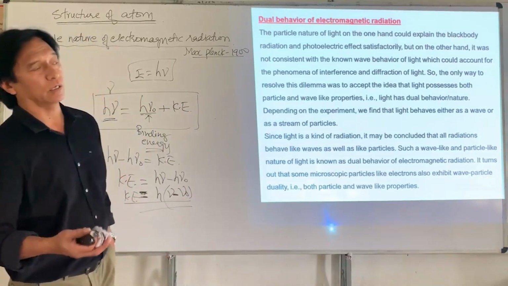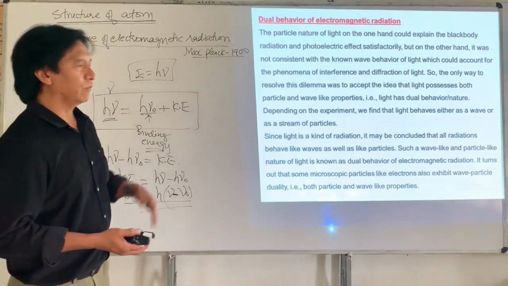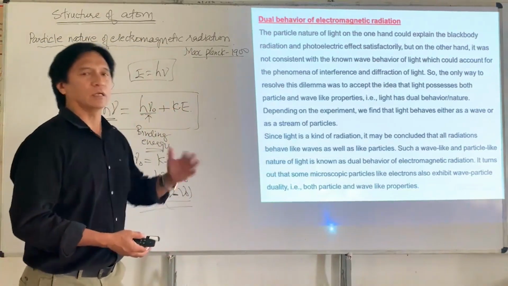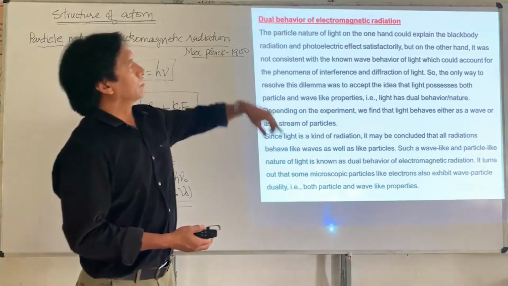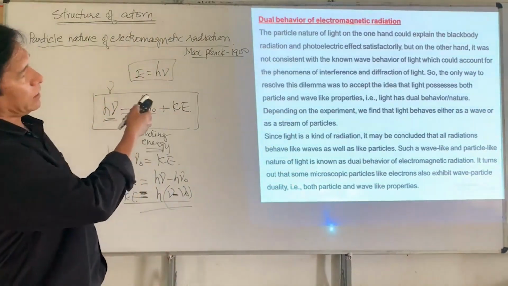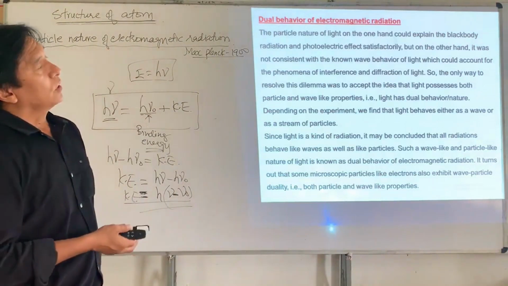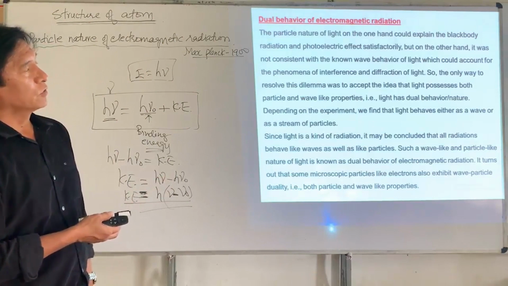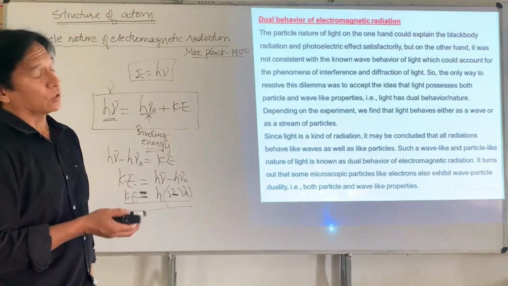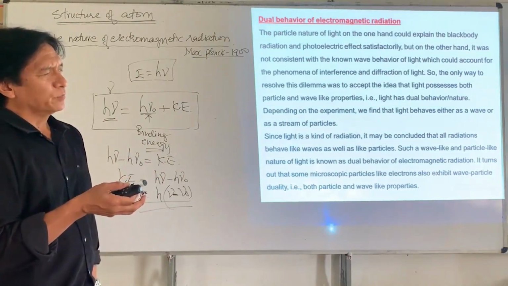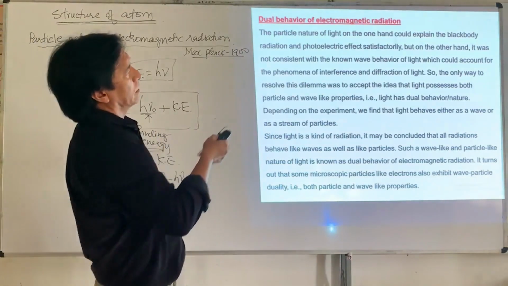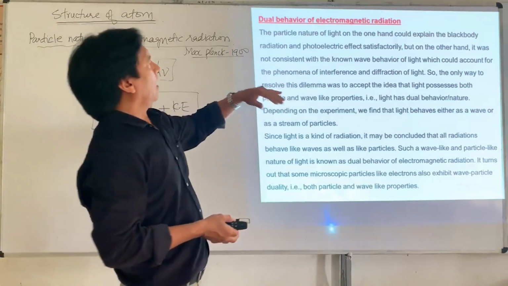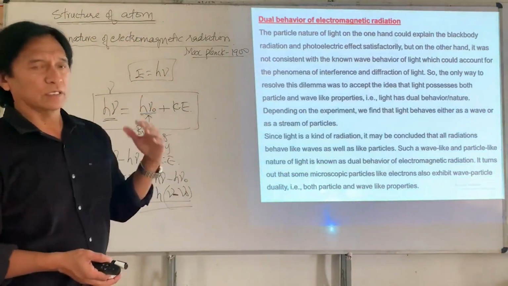Depending on the context or the experiment, I will have to treat electromagnetic radiations either as waves or as particles. To conclude, the particle nature of light on the one hand could explain the black body radiation and photoelectric effect satisfactorily.